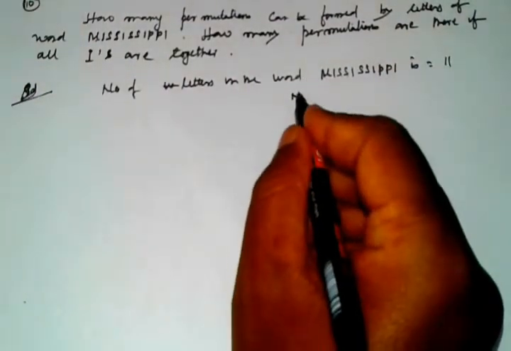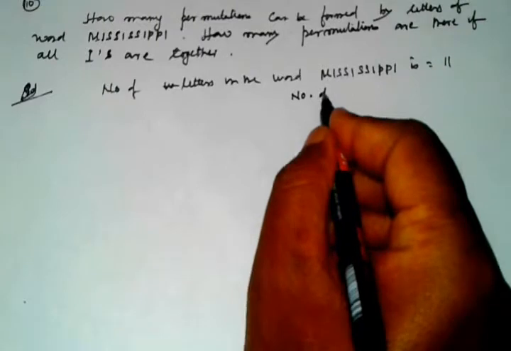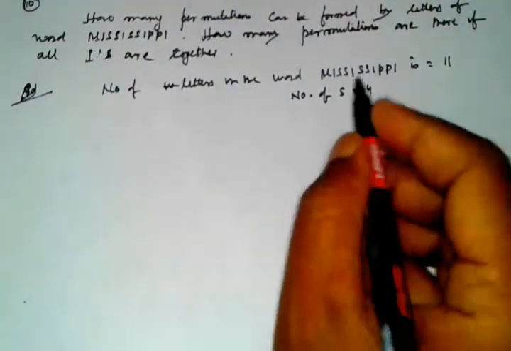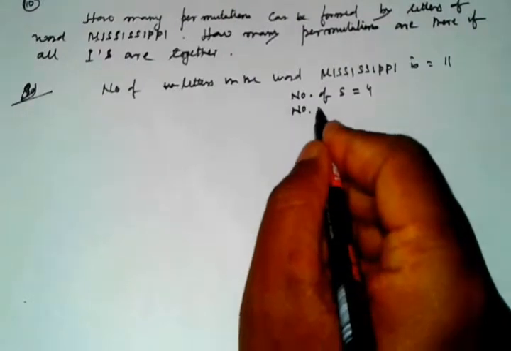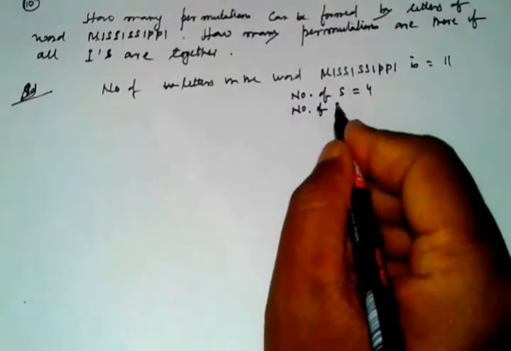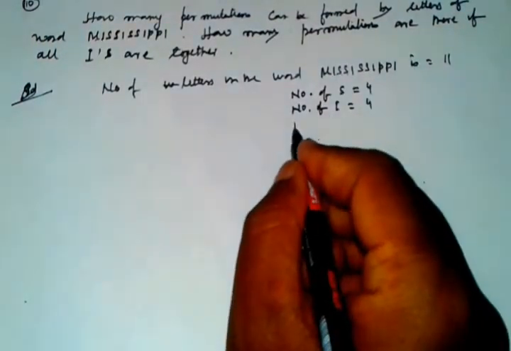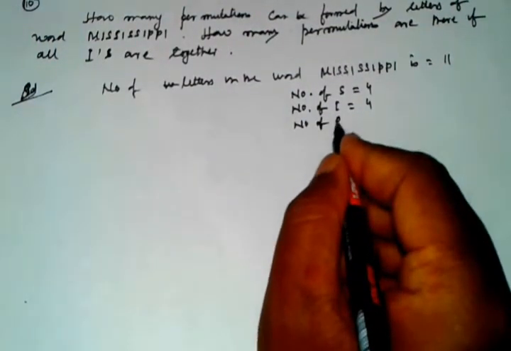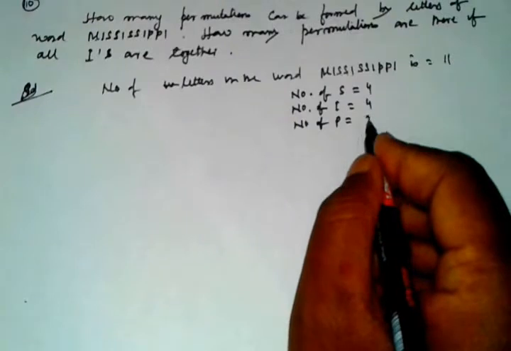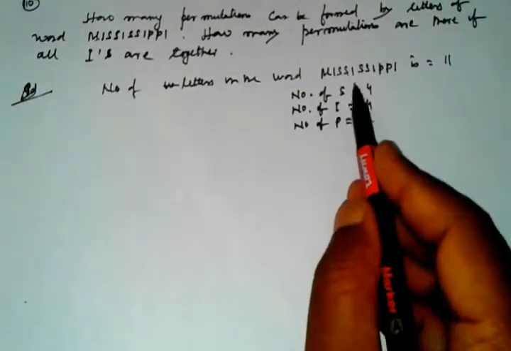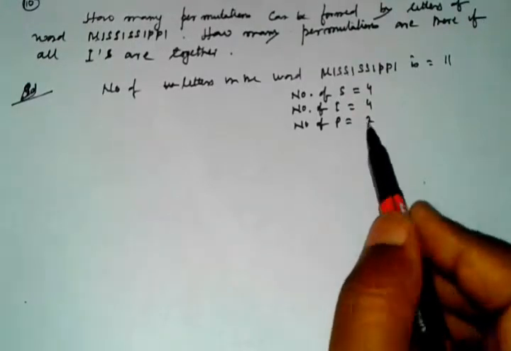Here, number of S is 4. Number of I, that is 4. 1, 2, 3, 4. And number of P, that is 2. But M is 1 time, so we cannot write this.